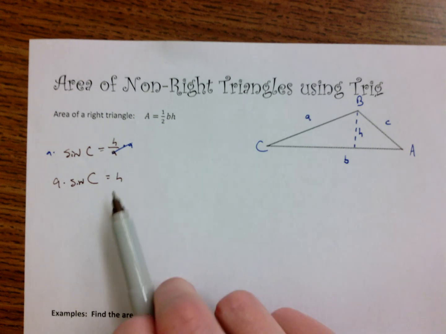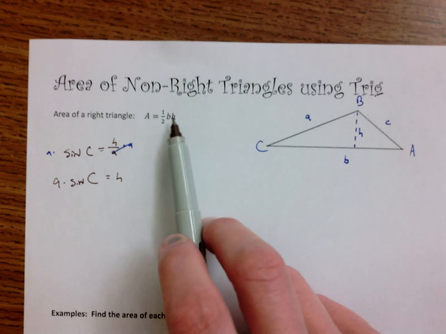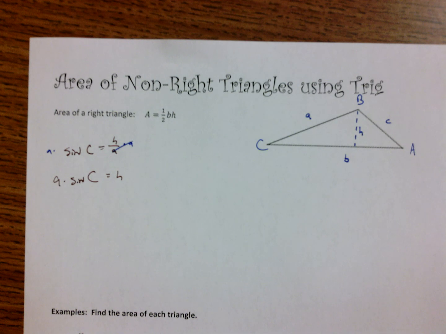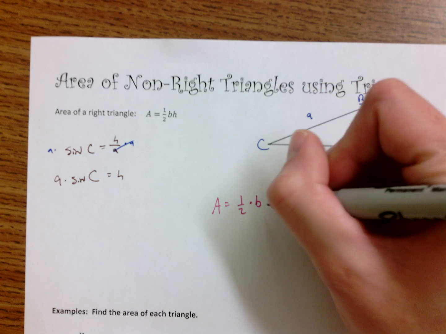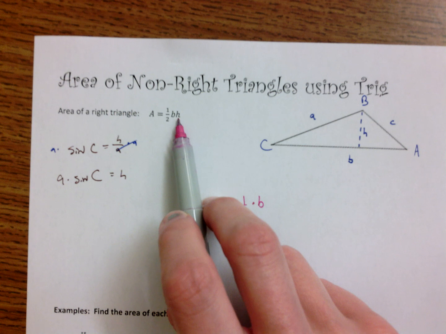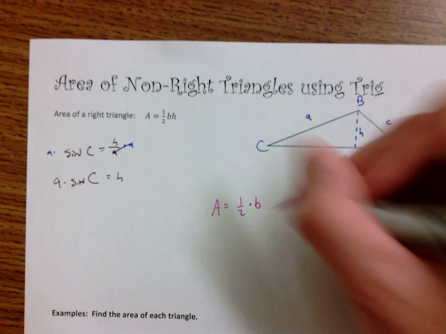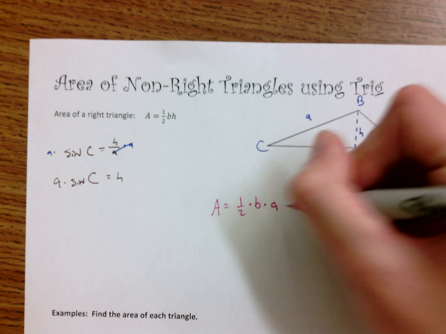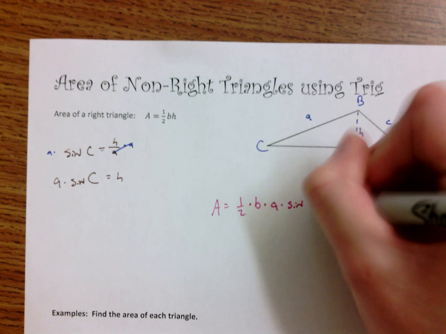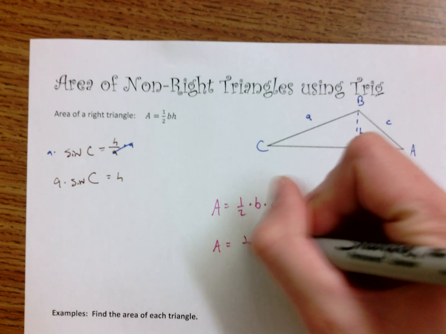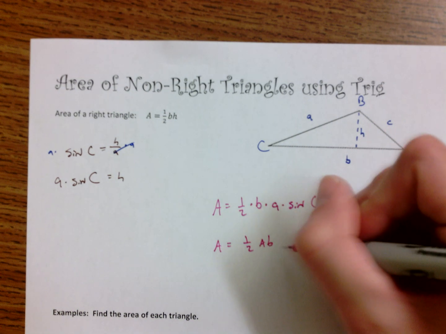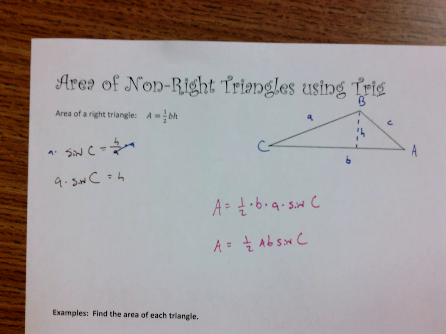Okay, well then I can use that and say, okay, well this h and that h are the same, which leads me to my new equation, which would be area equals 1/2 times whatever the base is, times, and instead of writing h for height, I know that the height is the same thing as a times the sine of C. Okay, and the only thing that's vaguely annoying about this is it's not in alphabetical order. So I'm just going to rewrite this as A equals 1/2 ab sine C.